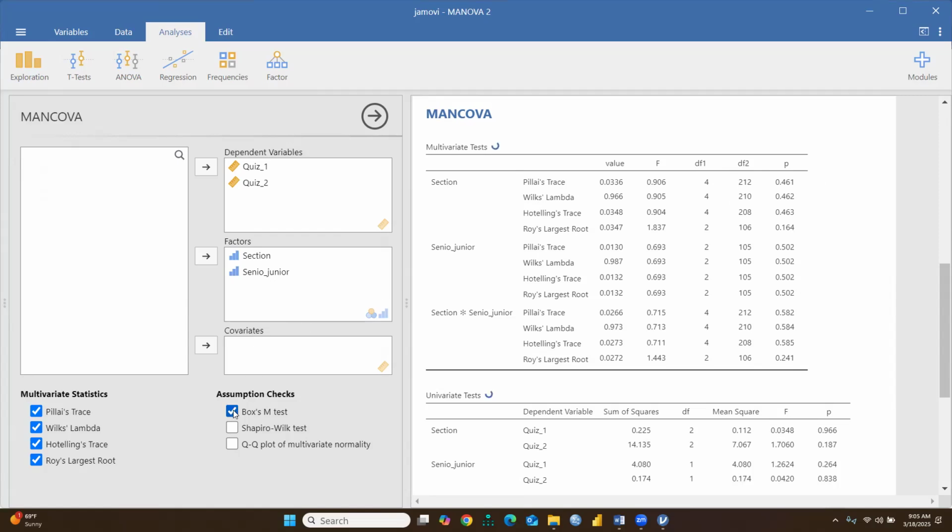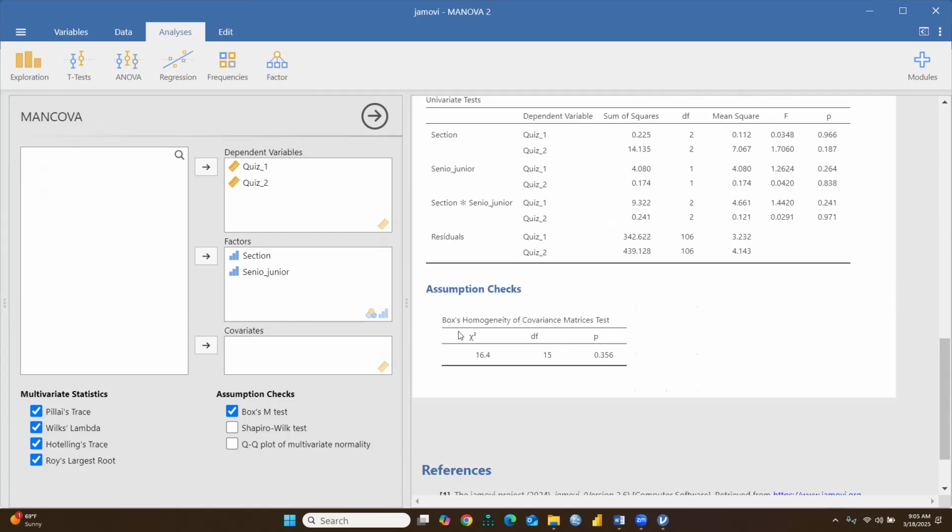And the Box's test, that is the homogeneity of covariance matrices test, I said earlier, we can check it here, and the p-value is 0.356. We said earlier this value should be greater than 0.05, then only we can say there is no variation violation in the variables.